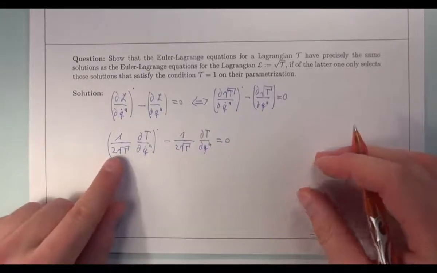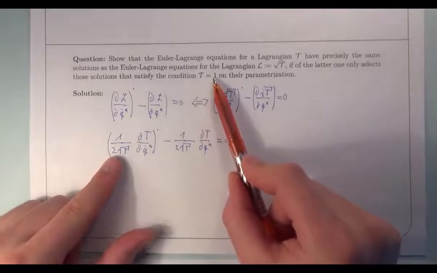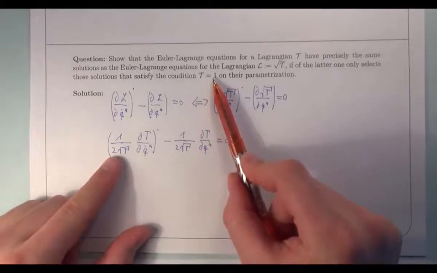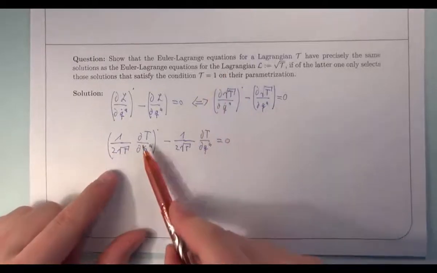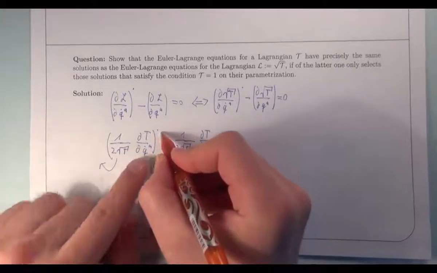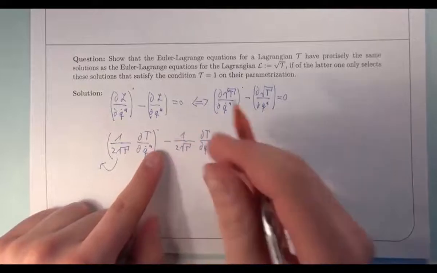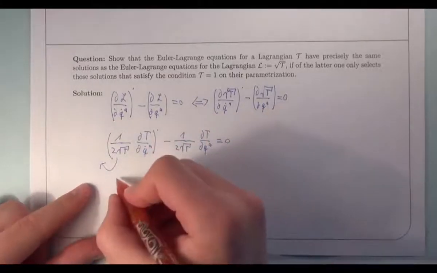And since we know that T should be 1 all along the parametrization, we can pull it out of the derivative, because we just take the derivative with respect to the parameter. So what is written here again?